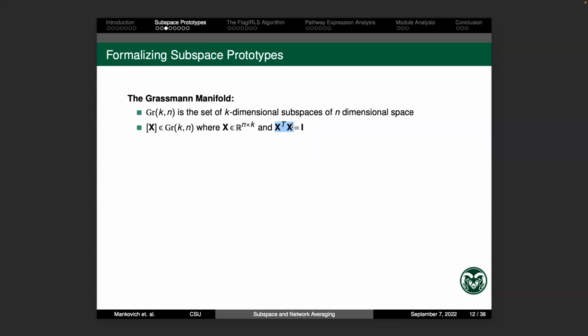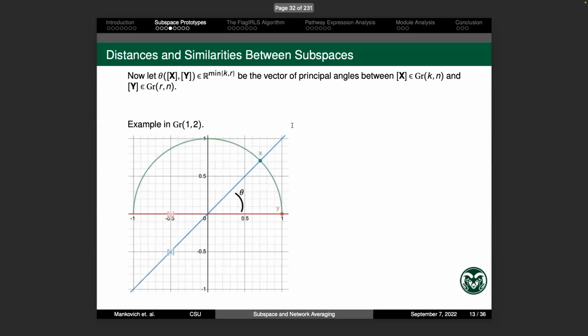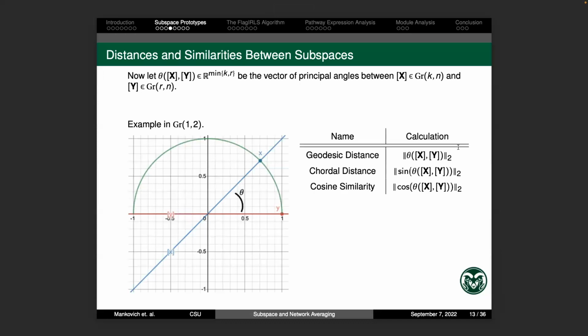It's some sort of oral exam question. This gives you an equivalence class. Yeah, it gives you an equivalence class. And then when you talk about distances between these points, the canonical Riemannian metric, I believe, is this geodesic distance, exactly written like this.